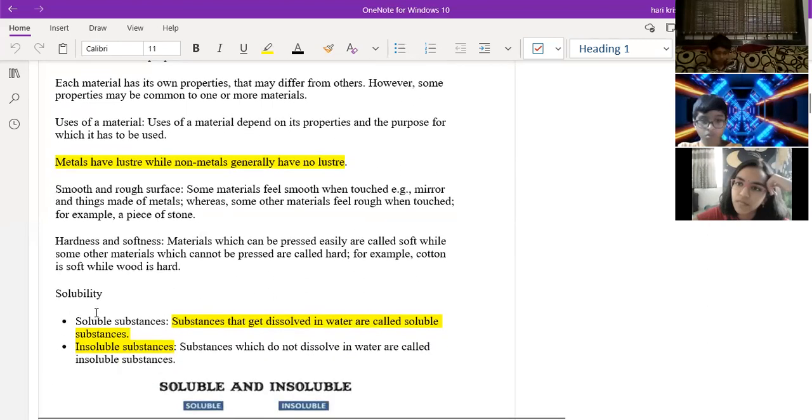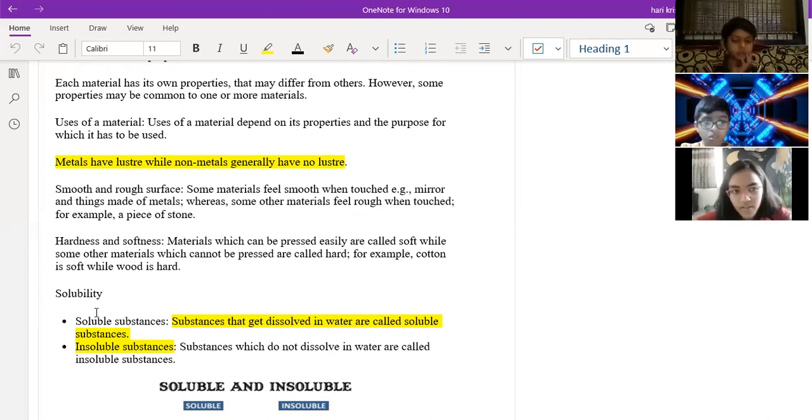If you take metals and non-metals, how can we sort them? Suppose you have metals and non-metals together. On what basis will we sort them? Sir, conductors and insulators.